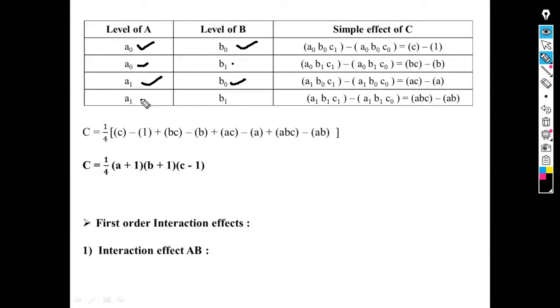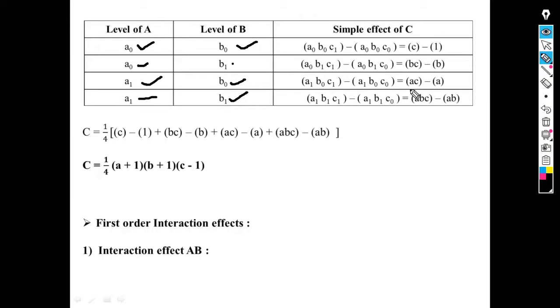Then last is factor A at the second level and factor B also at the second level. So we get A1 B1 C1 minus A1 B1 C0, which can be written as abc minus ab. So we get four simple effects of factor C.